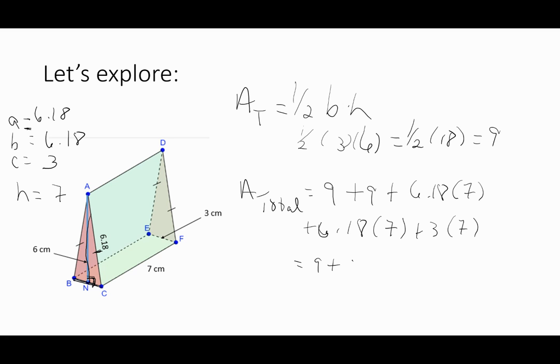So we have 9 plus 9, and 6.18 times 7 gives us 43.26. So we have 9 plus 9 plus 43.26 plus 43.26 plus 21.